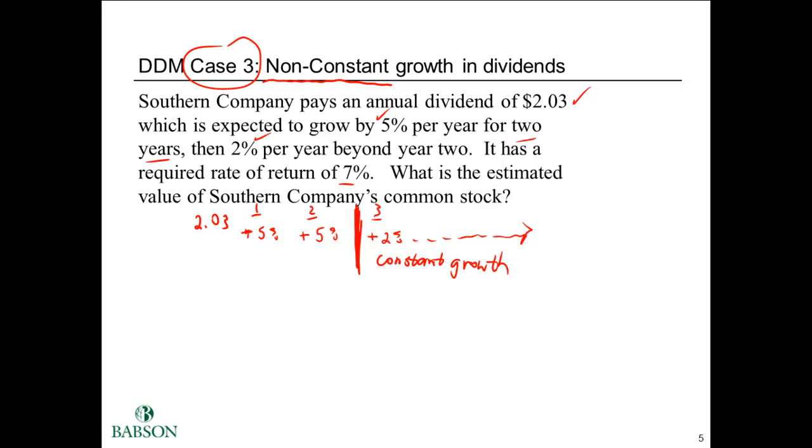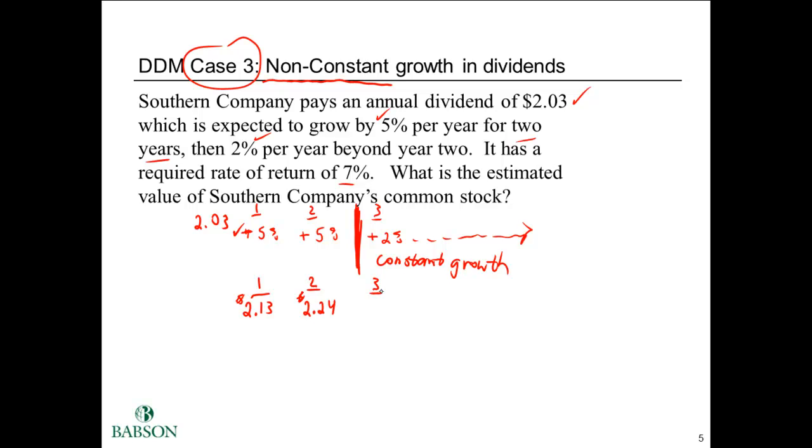So if we take a look and forecast the dividends, what is the expected dividend in year 1? Well, we know that it's going to be $2.03, and we're going to add 5% to that. So $2.03 times 1.05 gives me $2.13. And that dividend is expected to grow by another 5% during the second year, bringing it to $2.24.